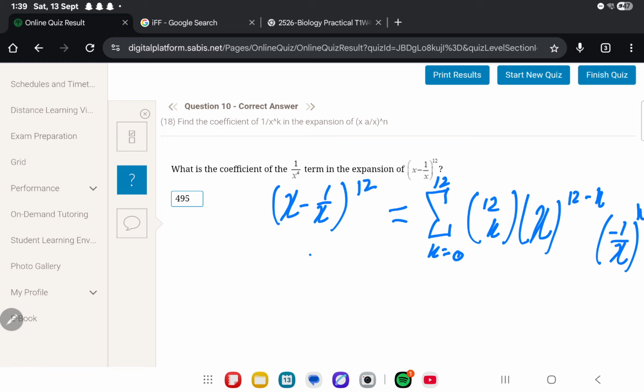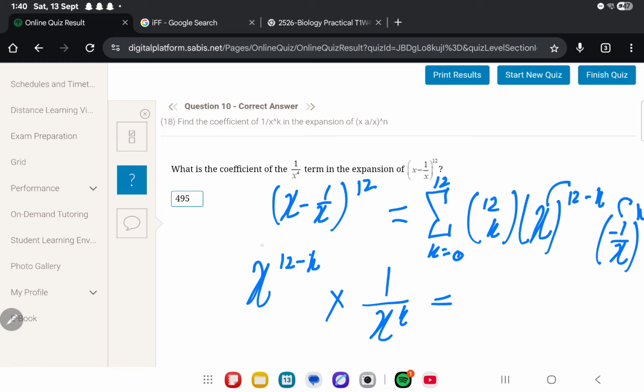This is where I get my 12 minus k and k for my shortcut. I find it from this and this. So x to the power of 12 minus k multiplied by 1 over x to the power of k.